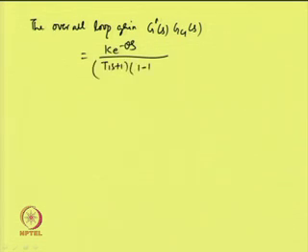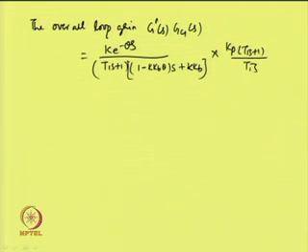Now, the overall loop gain is given by G dash s G c 1 s is equal to k e to the power minus theta s times T 1 s plus 1 over (1 minus k k b theta s plus k k b) times k b k p times T I s plus 1 upon T I s. Again, let T I is equal to T 1.